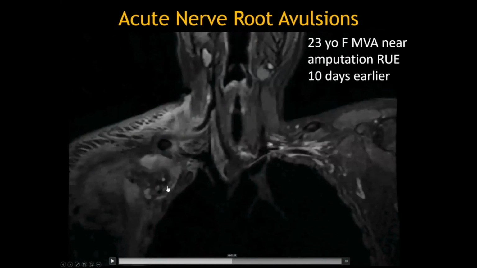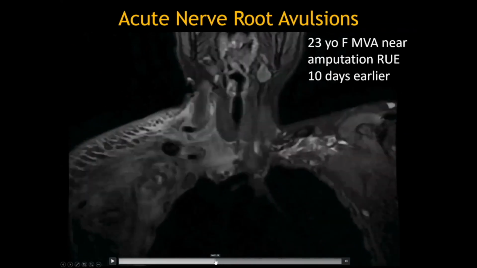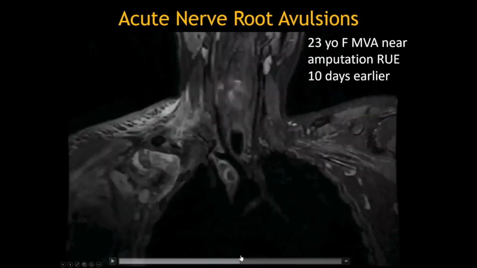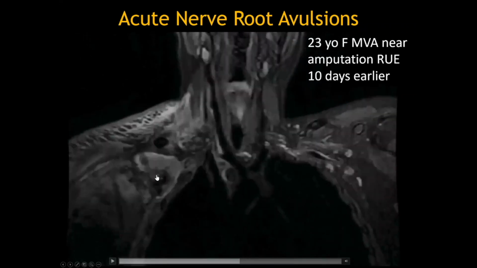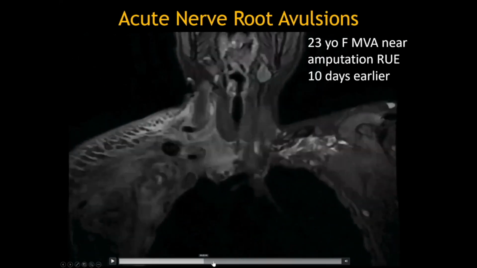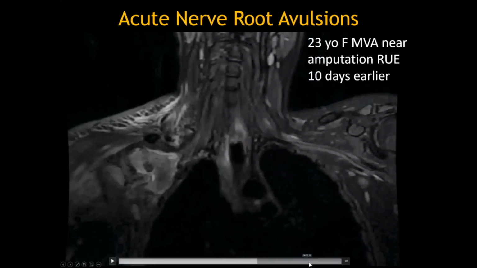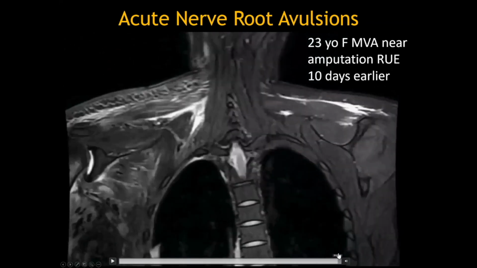And if you look at the retropectoral and costoclavicular space, you can see that there is this soft tissue hematoma with these retracted nerve elements derived from multiple nerve root avulsions. So basically the torn brachial plexus slingshotted from the neck towards the retropectoral space. So you can almost see this kind of bag of worms appearance of nerve elements retracted towards the axilla.